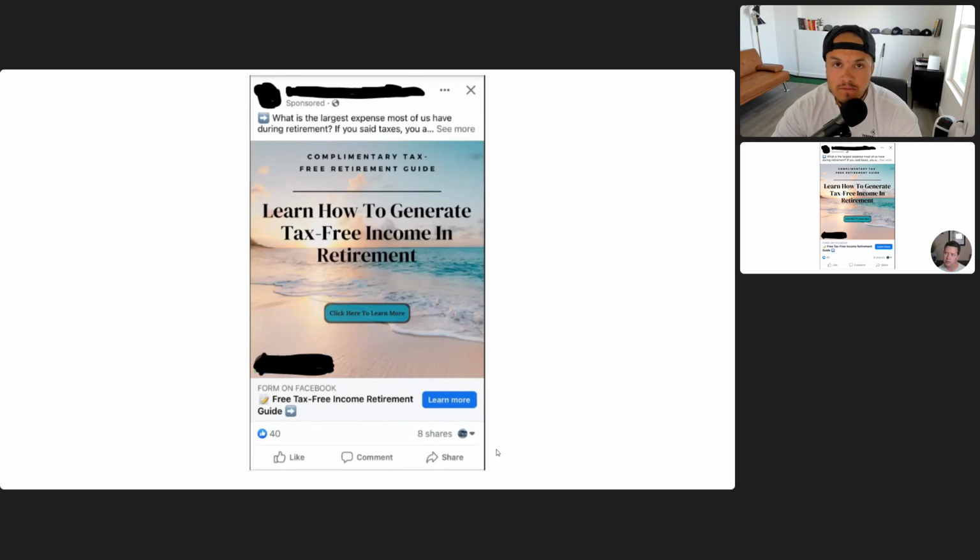It still does scream that this is an ad, but it still is enough to grab my attention and say, oh, okay, tax-free income. Yeah, I'm curious about that. The arrows, I know a lot of people have been starting to incorporate that, like arrows, exclamation points, smiley faces, stuff like that to get your eye to look up and start reading, or look down and see the button. So, some really good things there.